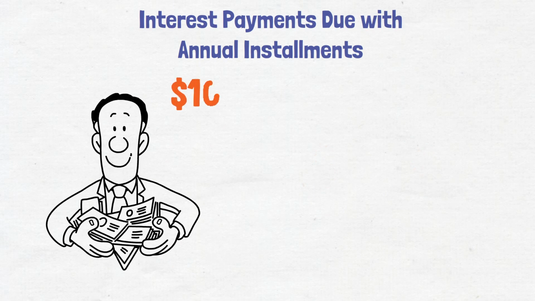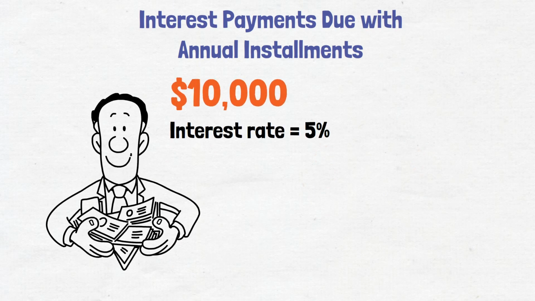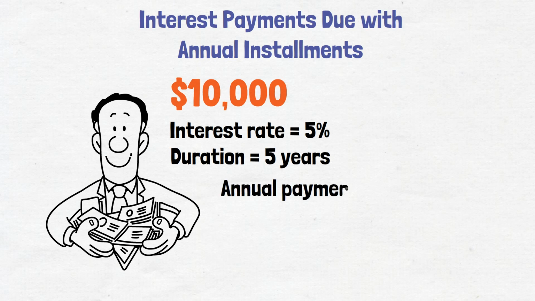For example, suppose a borrower takes out a $10,000 loan with an interest rate of 5% and agrees to repay it over 5 years with annual installments. In this case, the borrower would need to make annual payments of $2,325.77, which includes both principal and interest payments.